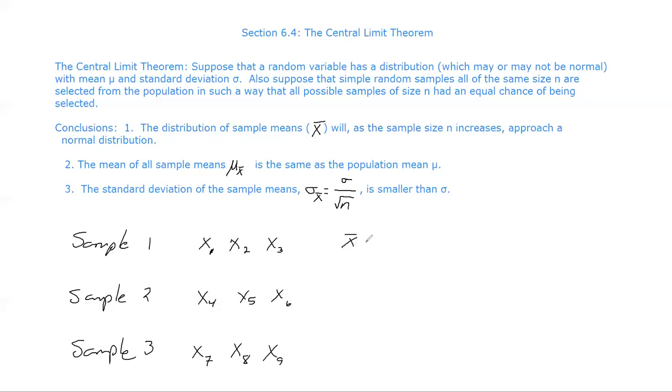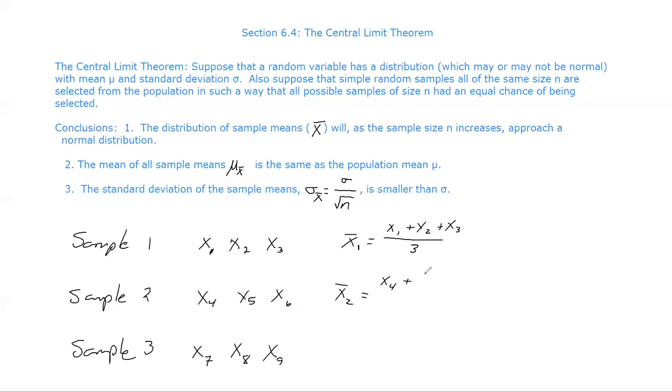So I'm going to denote this mean right here by x bar sub 1, because it is my sample mean for sample 1. And we know how to find that. This is just x sub 1 plus x sub 2 plus x sub 3, and then we divide that by 3. And if I keep going, we're going to get exactly the same thing for x sub 4.